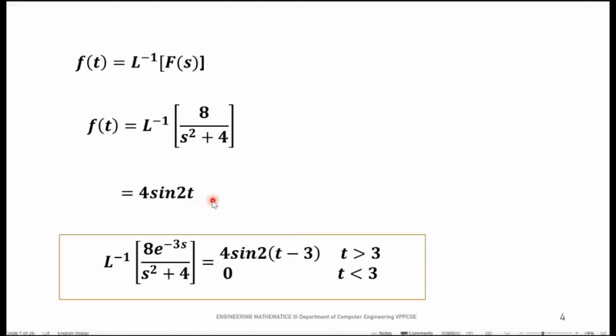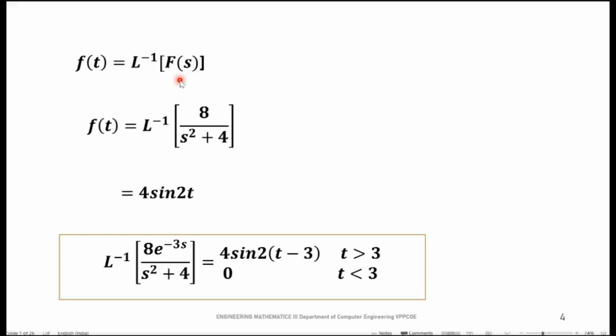So I will get the answer as 4 into sine of 2 into t minus 3 for t greater than 3, and it is equal to 0 for t less than 3. So our aim is to get f of t, where f of t is the inverse of the function f of s.